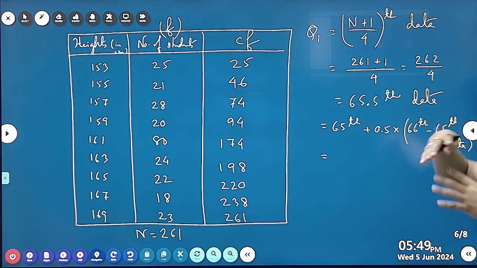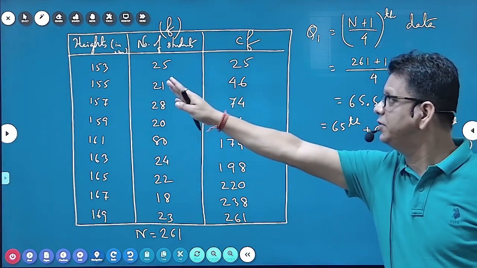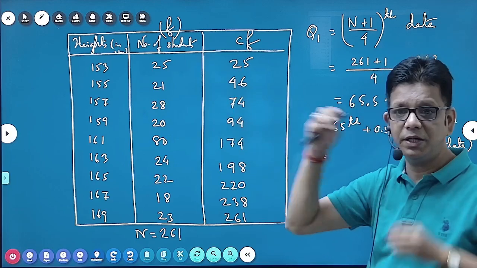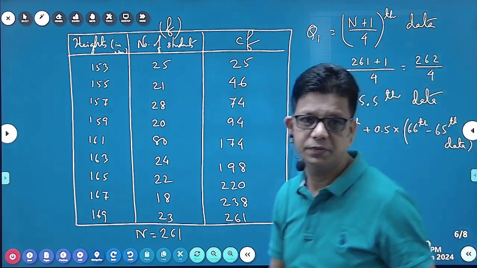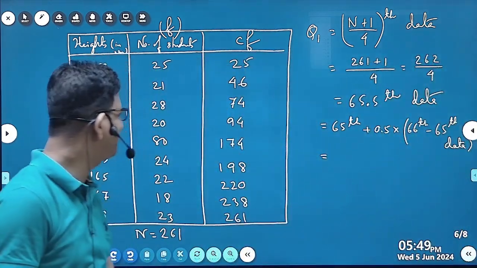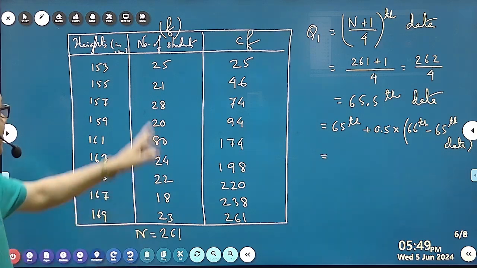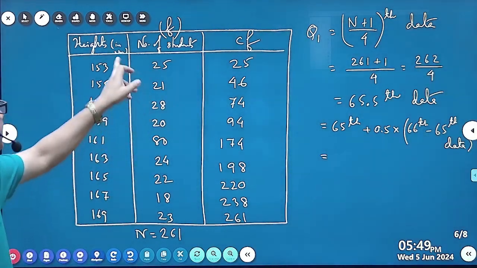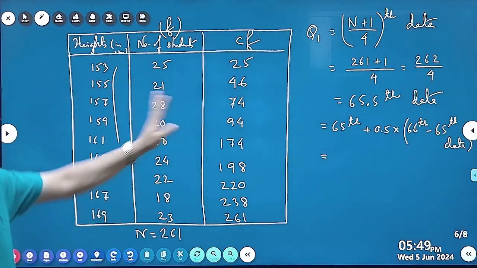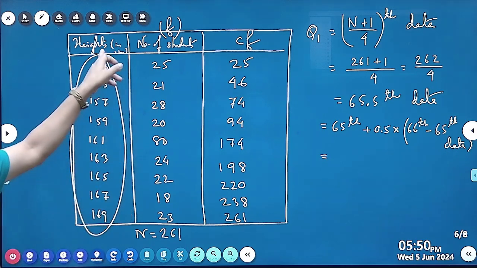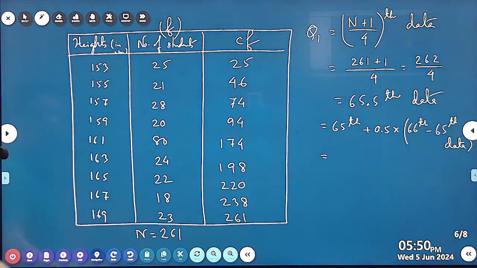I already explained the 153 will come 25 times. 155 will come 21 times. Any idea? No, the data are these. We have to take it from here, not there. We don't take from frequency. We take it from the heights.